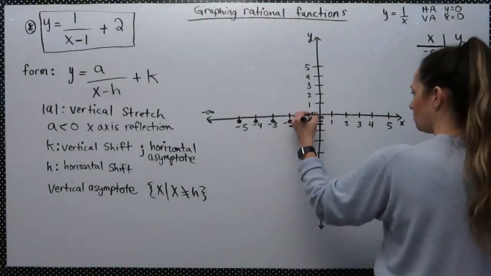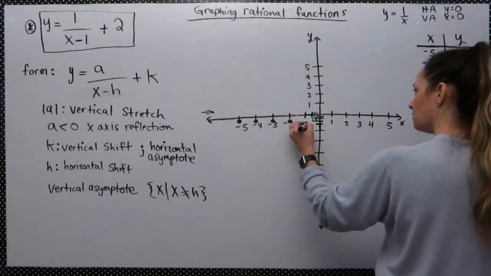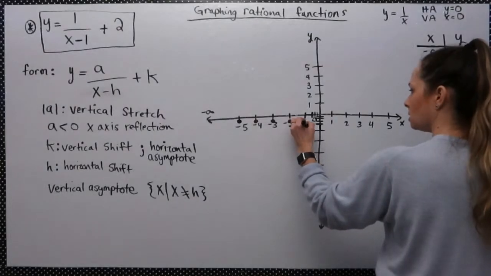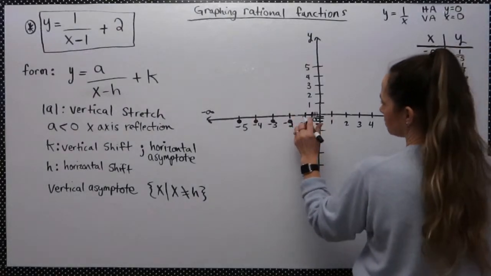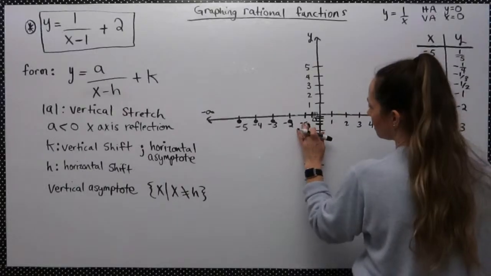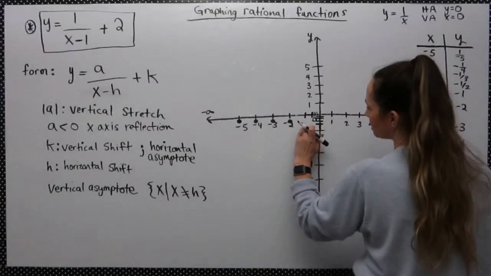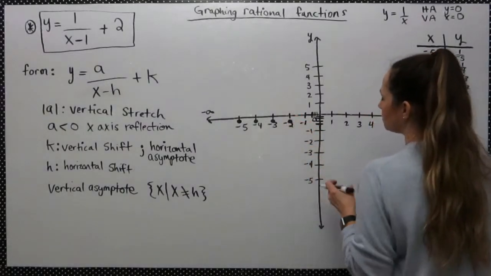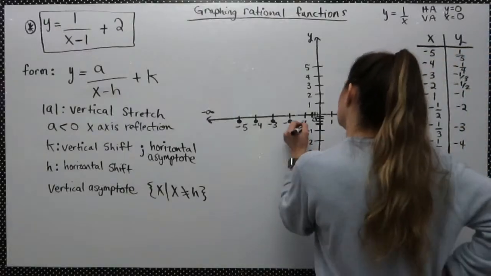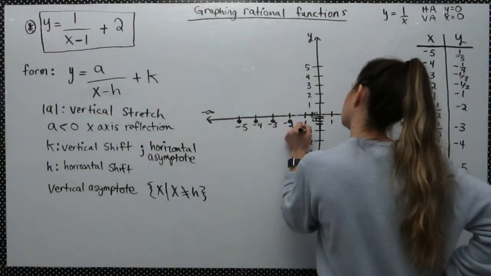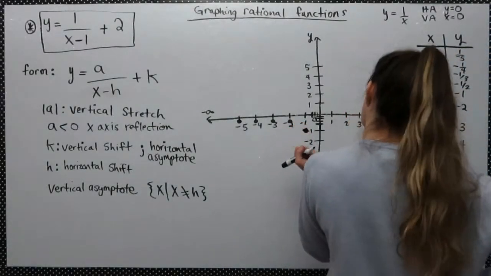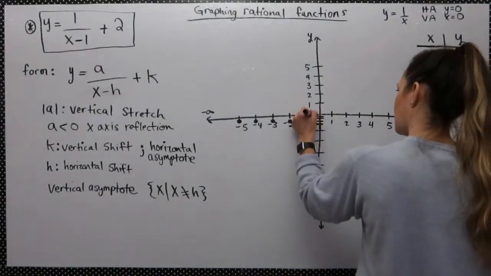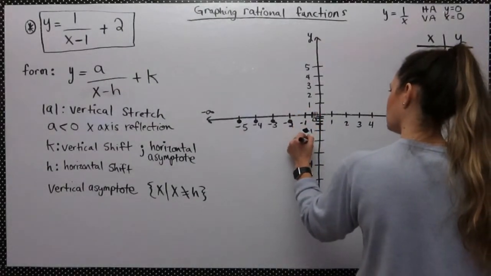-1 would be here. Wait, hang on. Let me get this better. -1 is here. So I don't want to get that messed up. So then by the time we're at half, we're at -2.